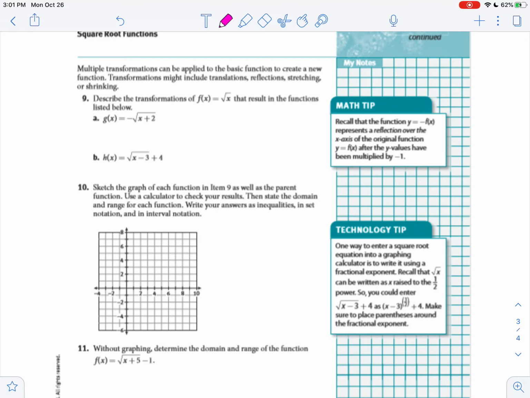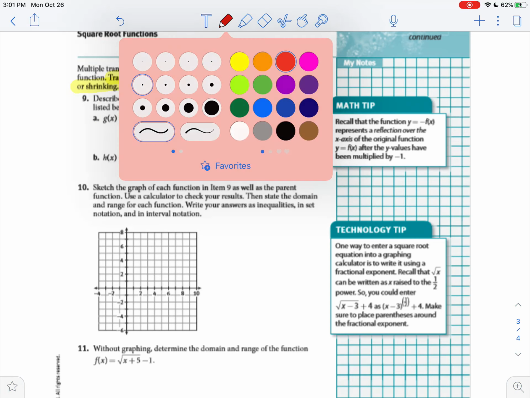All right, well now we're going to combine some transformations together. Multiple transformations can be applied to the same basic function to create a new function. Some of these transformations will include translations, reflections, stretching, or shrinking. Now we have to describe the transformation that will result in the function listed below.